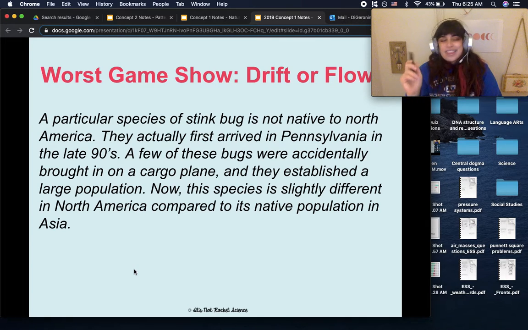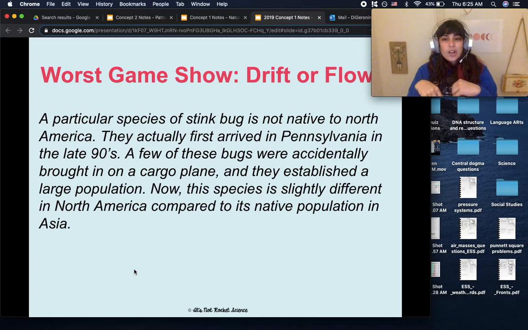Hear me out. I think you could make a good argument for either one, but I'm going to call it drift. And here's why. It's not telling us that these stink bugs moved into existing stink bug populations in America. It's just saying they came to America on a boat, cargo plane. And they established a new population that got bigger, bigger, bigger, and bigger.